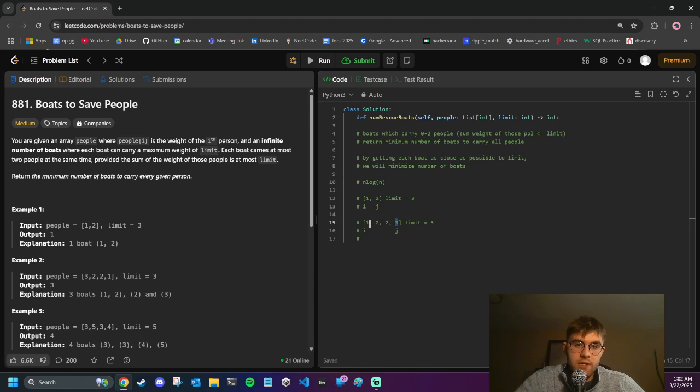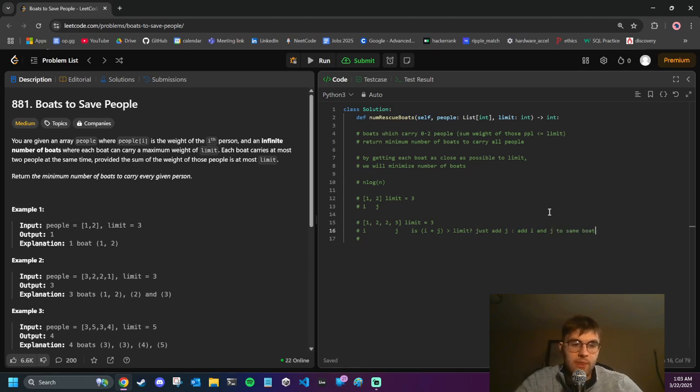So we're checking, is I plus J greater than the limit? If it is, then we just add J. So just add J, otherwise, so this is kind of like a ternary notation here, versus add I and J to the same boat.